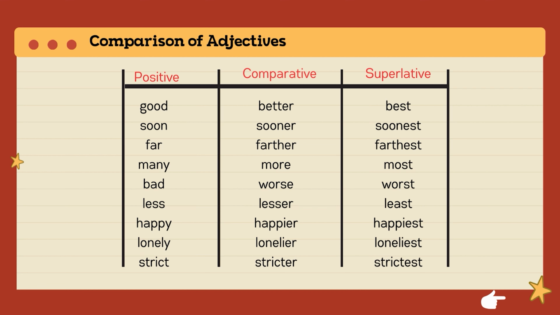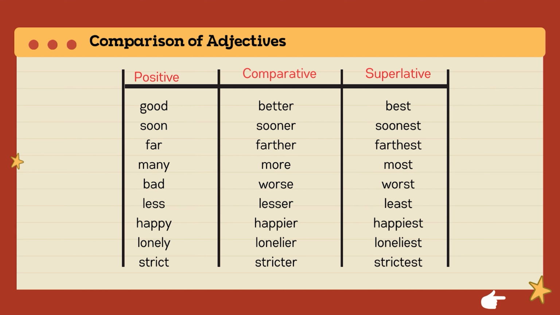Many, more, and most are considered irregular, so let's skip that part. The same goes with bad, worse, and worst. Let's skip that part. Less, lesser, happy, happier, lonely, lonelier, strict, and stricter.